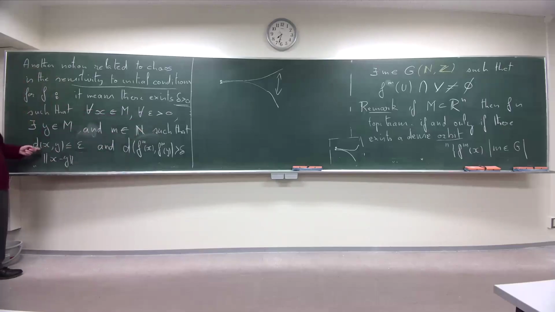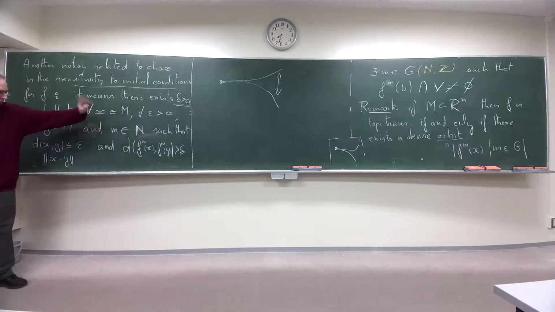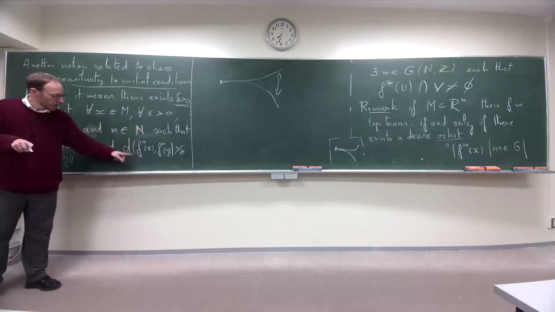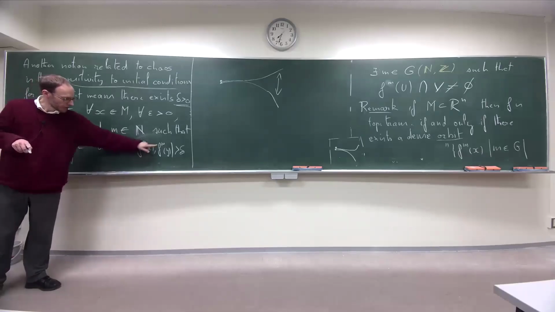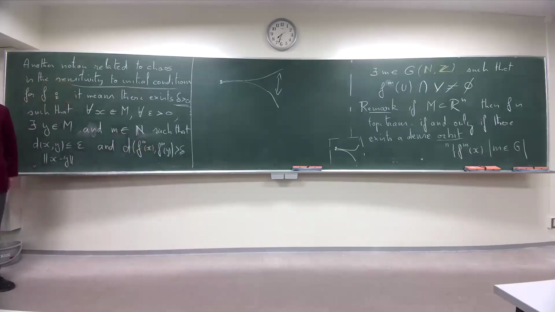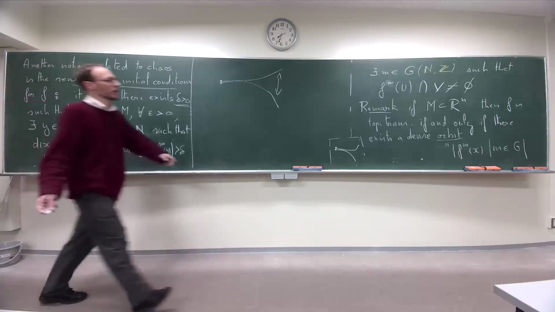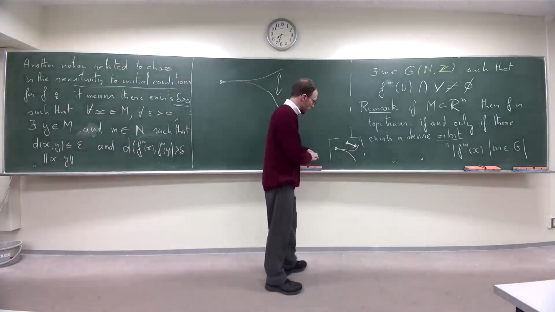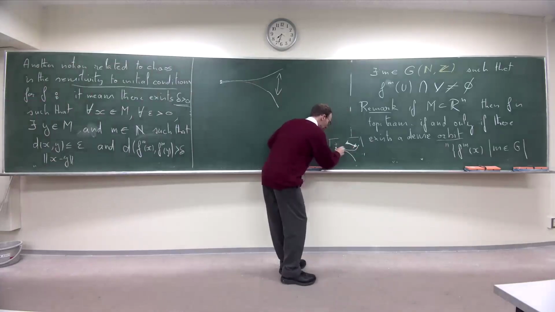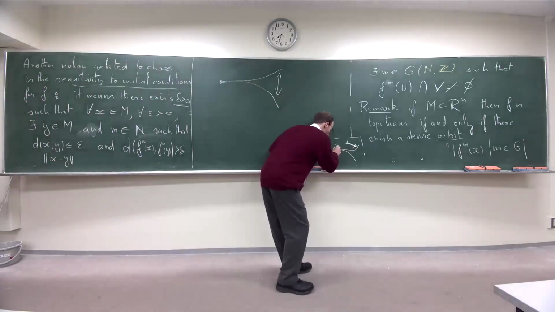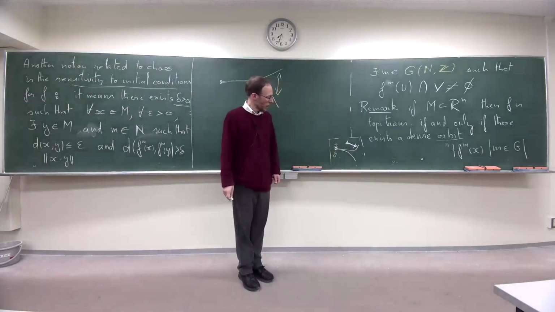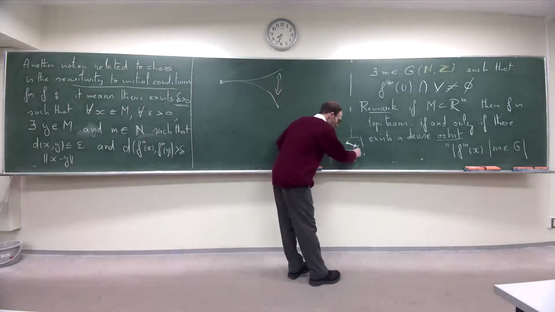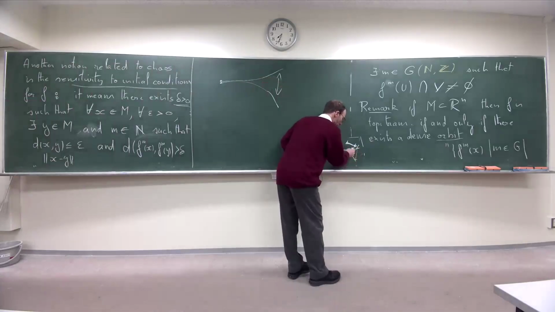But the distance between x and y is smaller than epsilon, so I can take x and y very close, but there exists an m large enough so that when I iterate this x and I iterate this y, the distance becomes larger than delta. So if I fix my delta at this distance, this is the maximum distance, it means no matter which x I take, I can find a y which is at a distance epsilon, but after some iteration, the distance will be bigger than this delta.